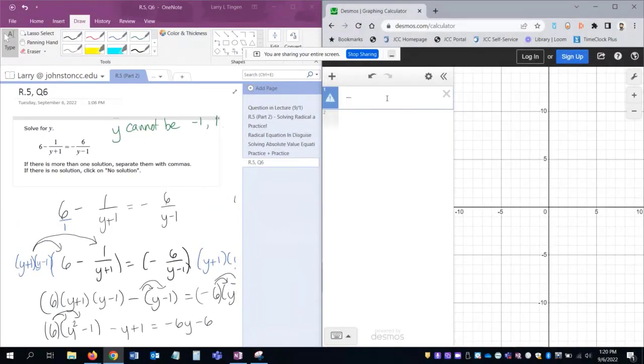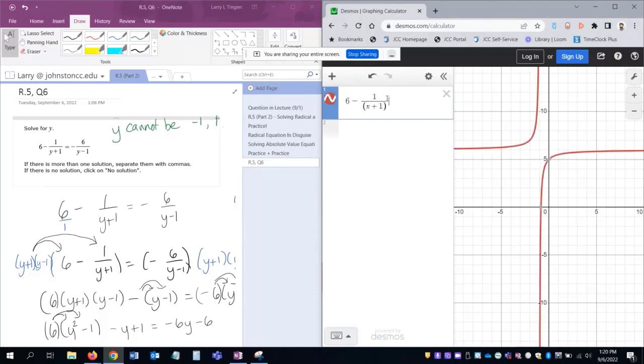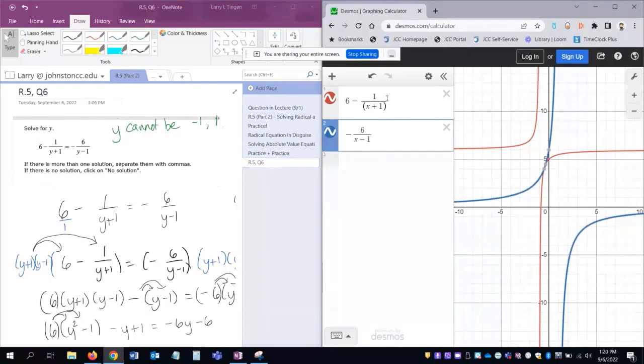Left-hand side, 6 minus 1 divided by parentheses, y plus 1. And, oh, I forgot, Desmos doesn't like it when you don't have x. X minus 1. Now, this is the left-hand side of my equation.